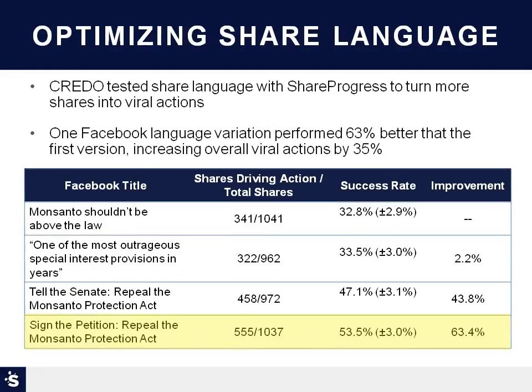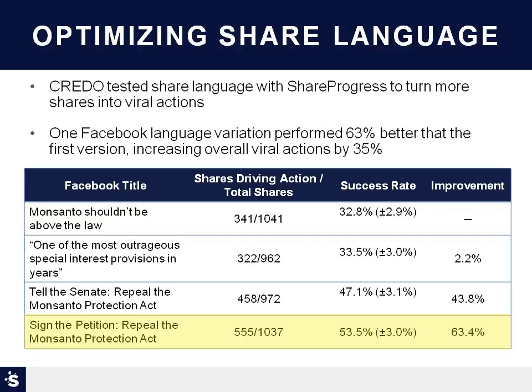And then the last step is actually trying to increase your click rate. So when people are sharing, when they're posting on Facebook, when they're sending an email to their friends, trying out different language that they can use there. Share Progress lets organizations try out at the same time different Facebook post language.